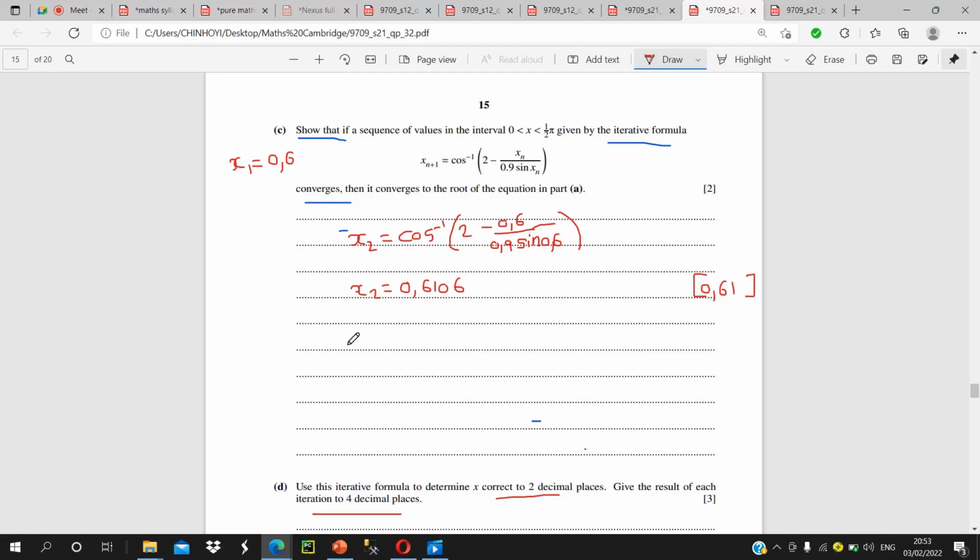Yes. Then if we want x3, we are now moving to x3, we are now using x2. So just go and delete 0.6. Where there is 0.6, you substitute this one with 4 decimal places.